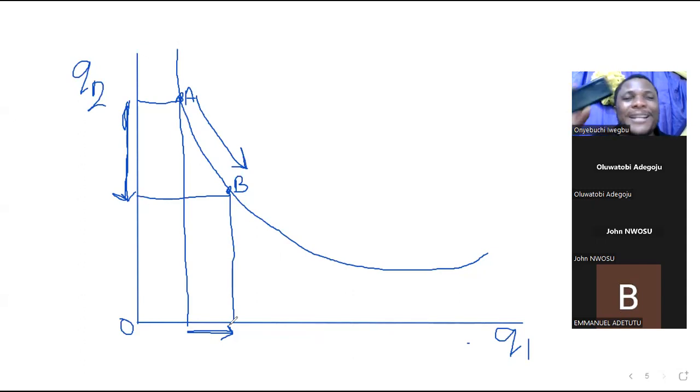You know that the moment you buy that new phone, it has become second-hand. And you bought it at 500,000. Next week, out of greed, you are willing to sell that iPhone 12 Pro for say 300K, just because you want to get that new one that is 14. So a consumer will always be willing to give up more of what he has just to get less of what he does not have.